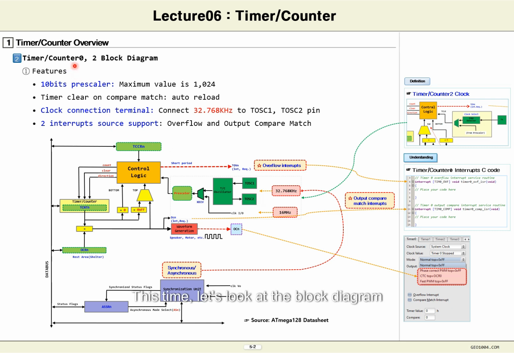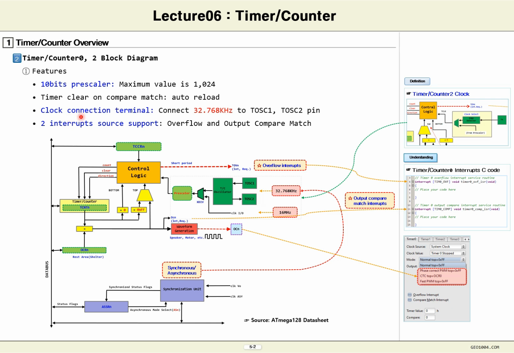This time, let's look at the block diagram of timer counters 0 and 2. It's like this. It is a 10-bit prescaler with a maximum value of 1024. When the timer is cleared in a comparison match, it is automatically reloaded.